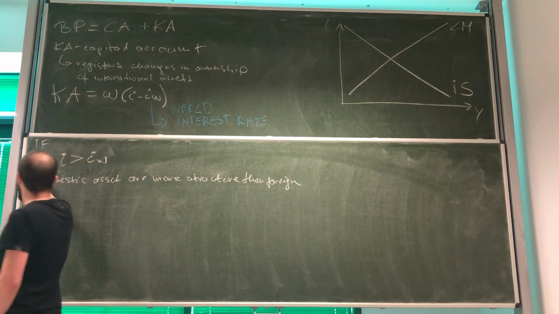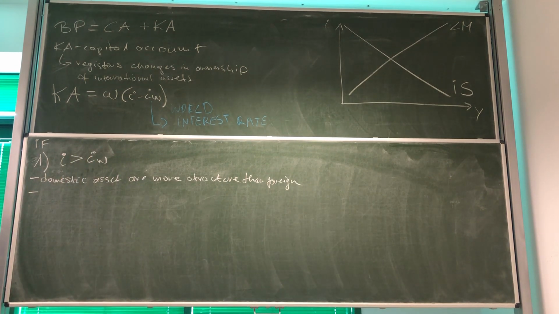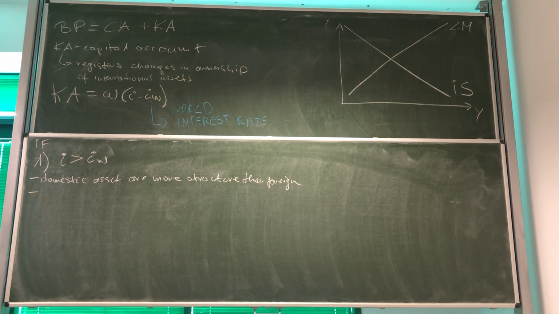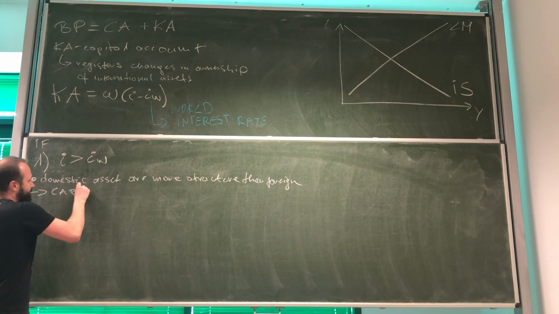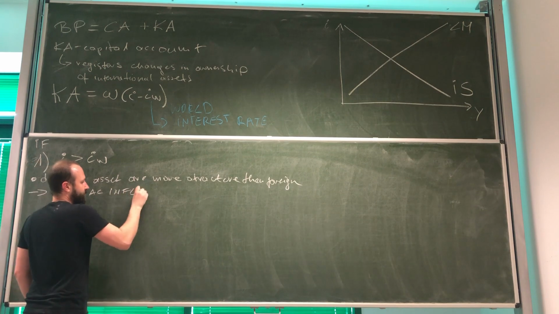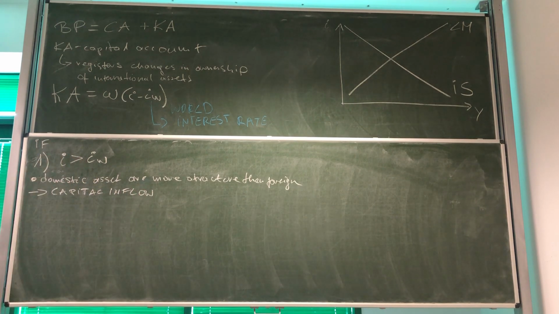Okay, so in this case, if our assets are more attractive, what should we expect? Well, we will expect capital inflow. Why? Look, because what is the rational thing to do?